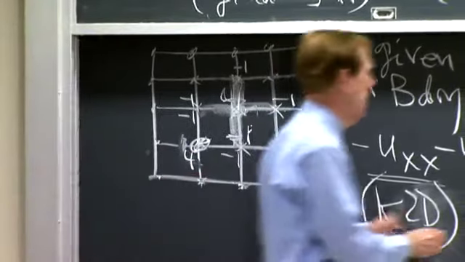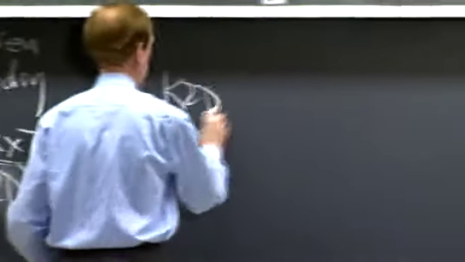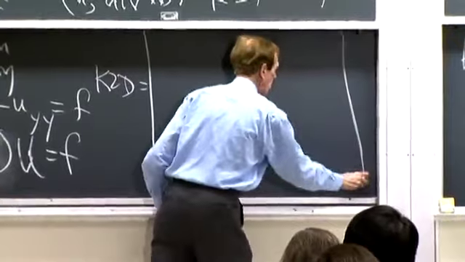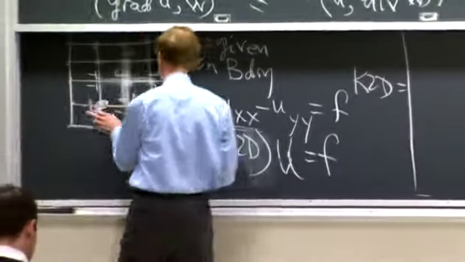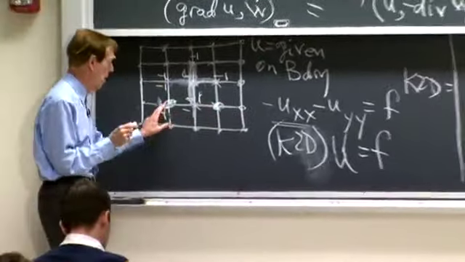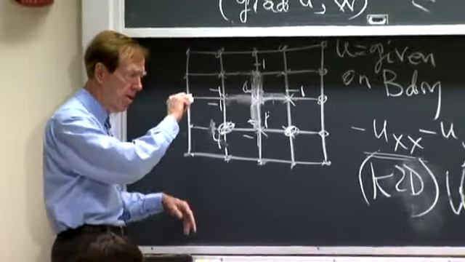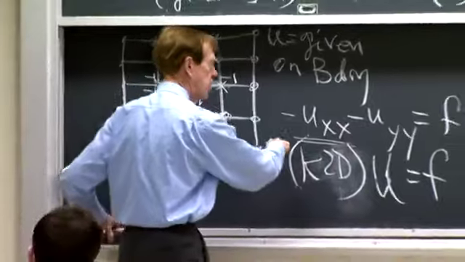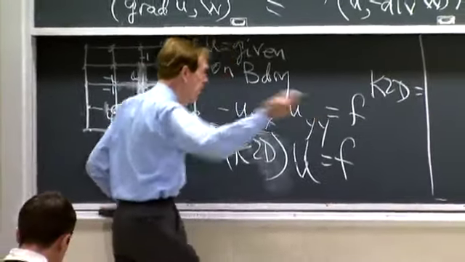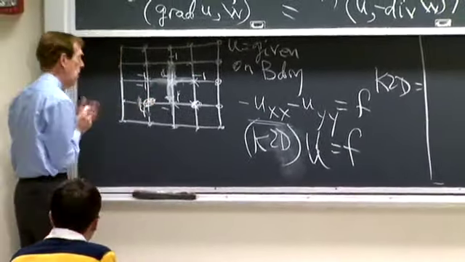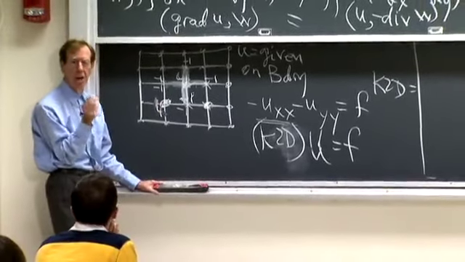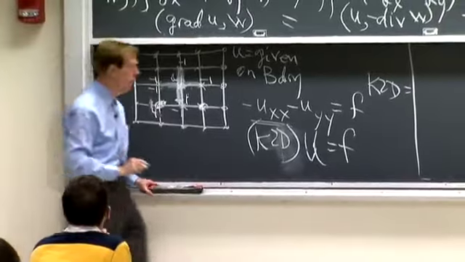So if I look at K2D, it's 9 by 9. I don't plan to write all 81 entries, but I could write the first row. The first row comes from the first equation, so it has an F1 on the right-hand side. And what do you see? What's on the diagonal of K2D? 4.